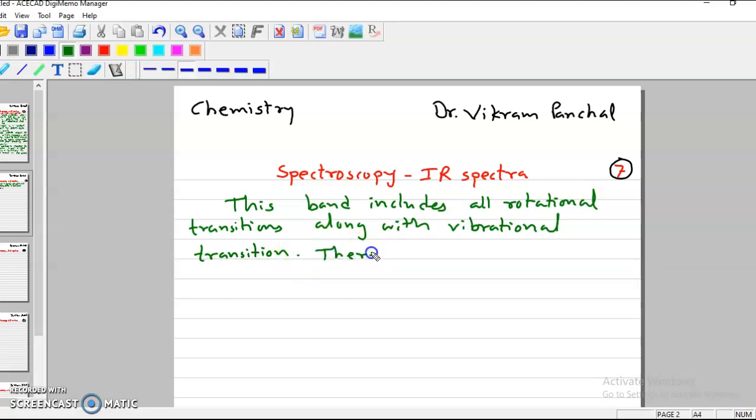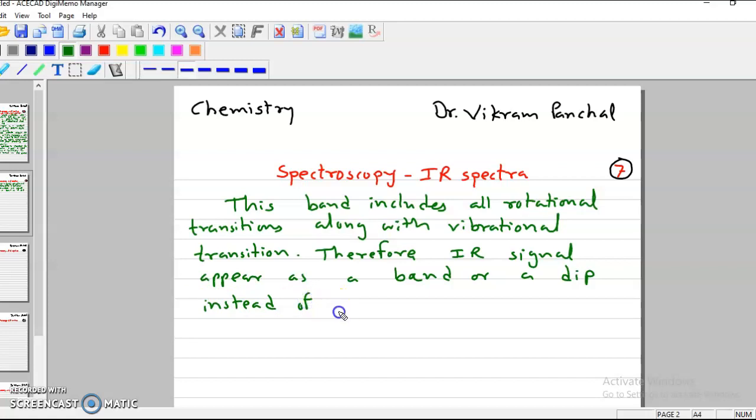Therefore, IR signal appears as a band or a dip instead of lines.